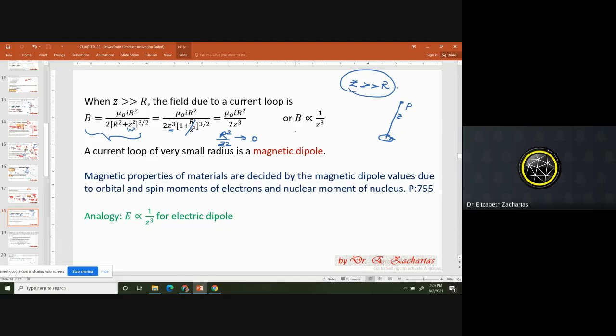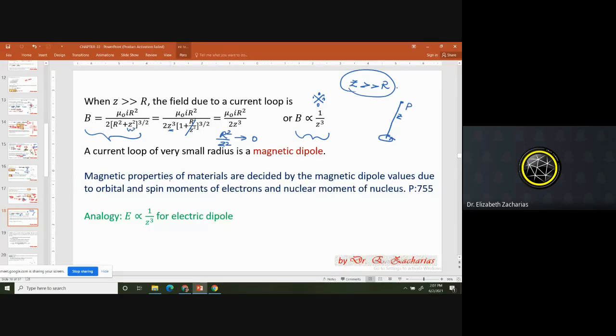You're going to see that magnetic field is proportional to the cube of the distance. Magnetic field due to a small current loop is proportional to the cube of the distance.